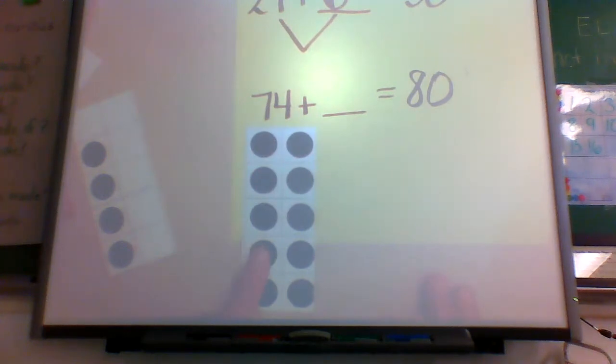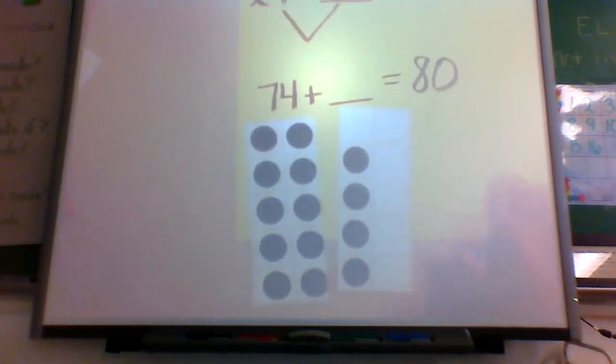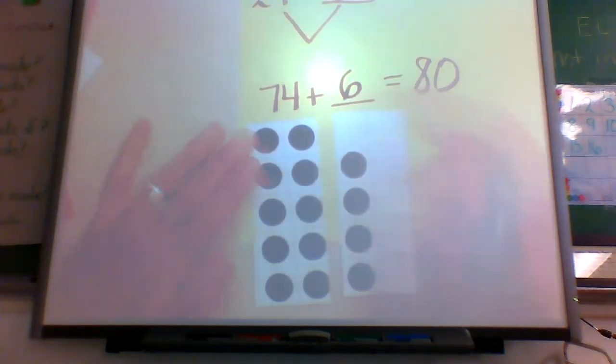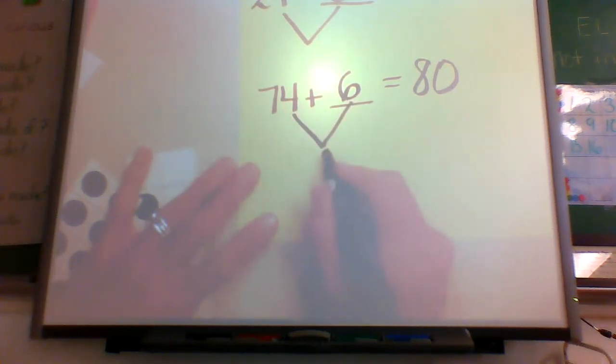Ready? 10, 20, 30, 40, 50, 60, 70, 71, 72, 73, 74. How many do we need to fill to get to 80? Remember, we're at 74. I bet many of you already realize that it's 6. Again, this 4 plus 6 is going to make that 10 and make that an 80.